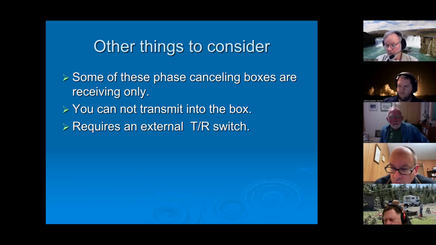Now that's not all of them. Like the MFJ has an automatic TR switch in it. The DX Engineering NCC2 has a TX switch in it, but it's also more money. But that's what you have to deal with.